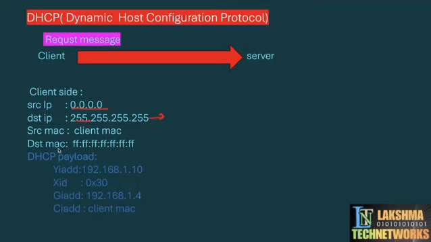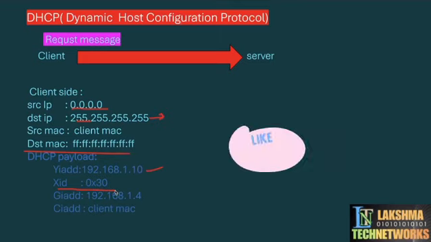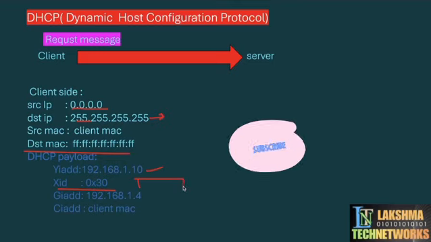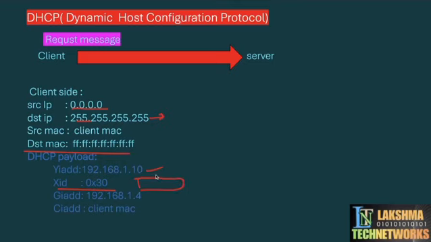This payload information will be in this DHCP packet. Already we have the available IP address 1.1 as requested. Here it is the XID information, the transaction ID of the DHCP payload. Based upon that transaction, the discover and offer messages are completed.